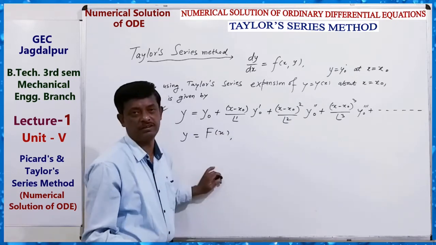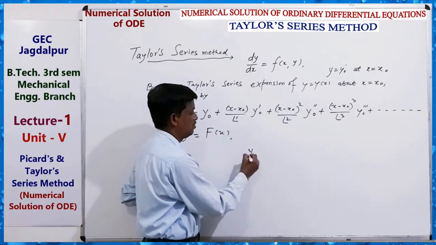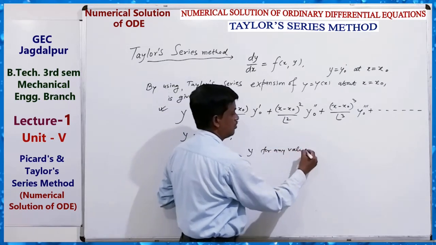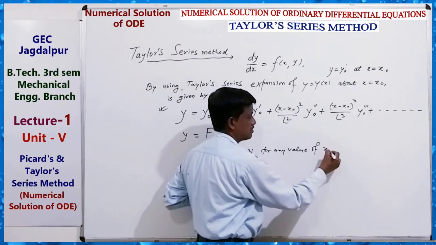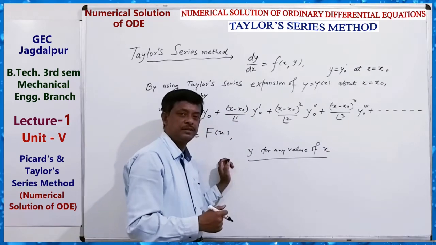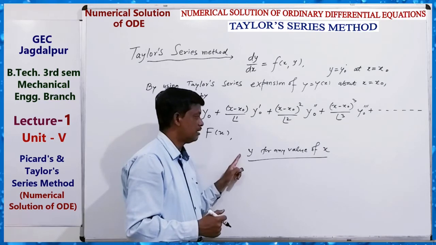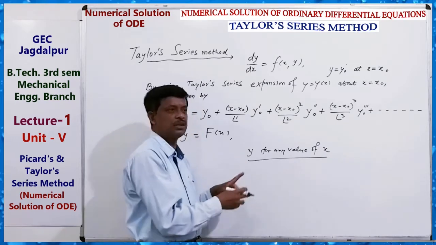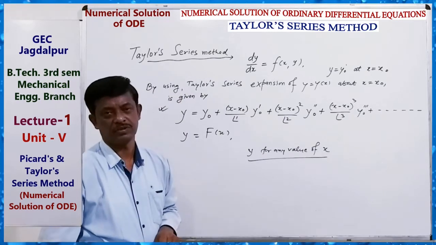So we can get the value of y for any value of x. That will be our approximation. The first time use this first approximation.